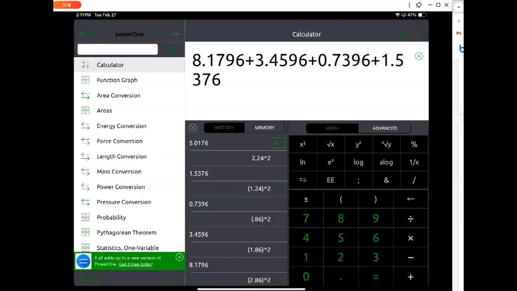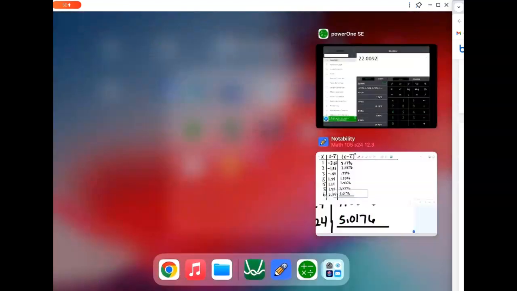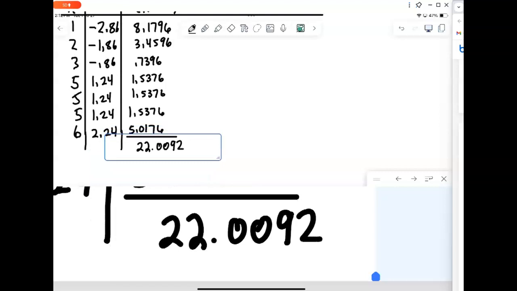And then here I'm just going to do multiplication, 1.5376 times 3, and then plus our last one, 5.0176. So we add all those up, and you get 22.0092.